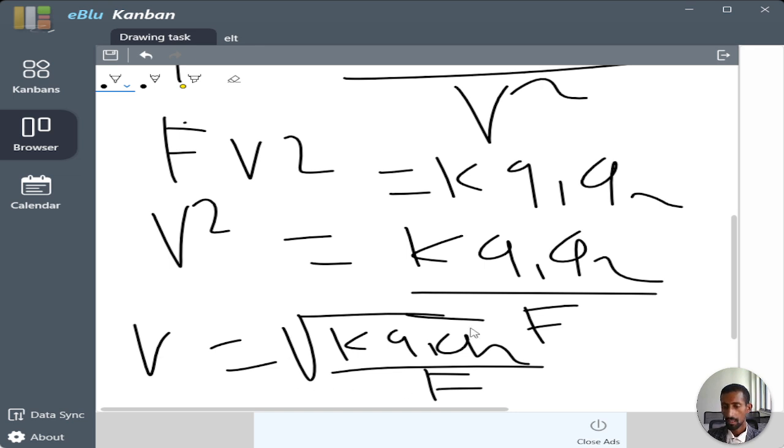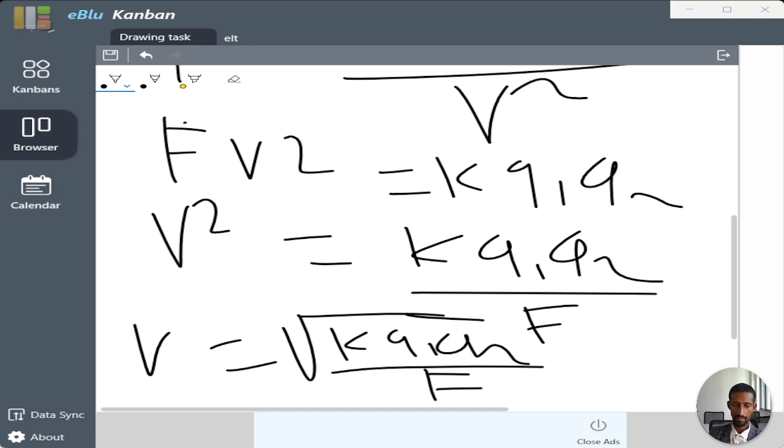If we calculate the value of R, we'll get a plus or minus value, and since the separation distance will not be negative, we'll ignore the negative and take the positive value. So this is the solution.